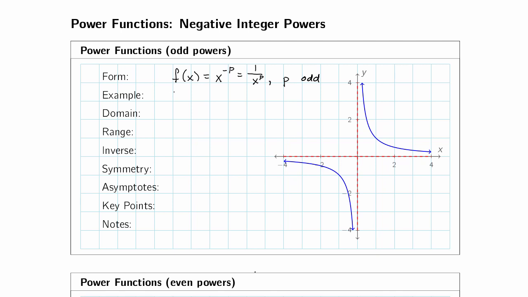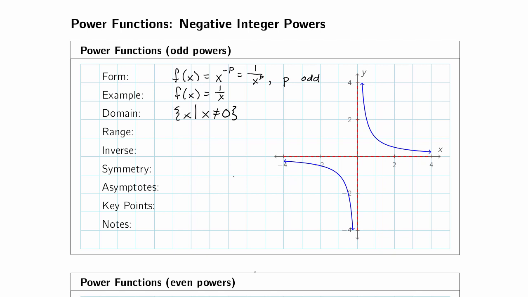Our example here is the graph of f of x equals 1 over x. And this graph has some exciting properties that we haven't seen before. First of all, its domain misses just the 0, and we can see that by looking at the function itself.